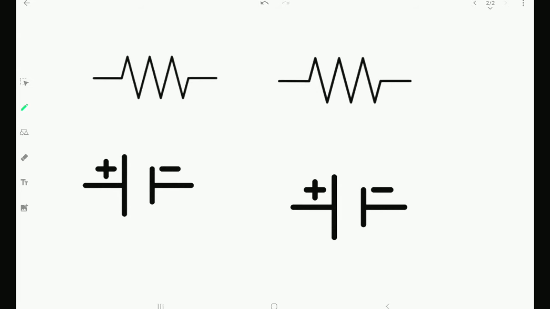See, this is a resistor, and current flows from point A to point B, which is the direction of current.